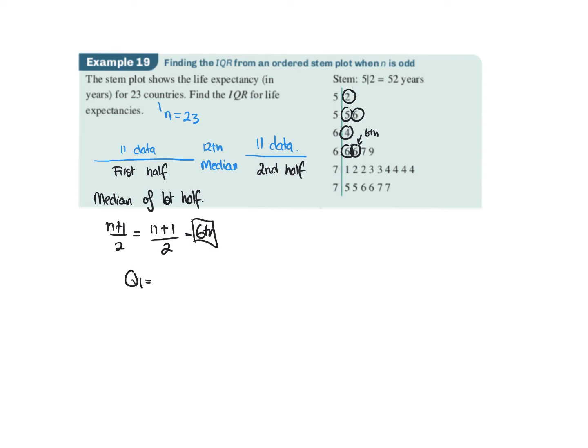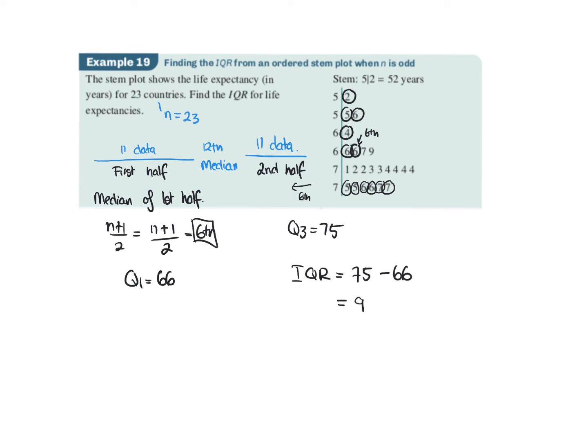So Q1 equals 66. Now we do the same going in from the end, the sixth: 1, 2, 3, 4, 5, 6. So Q3 is 75. The interquartile range equals 75 minus 66, which equals 9. So that's just a manual way.